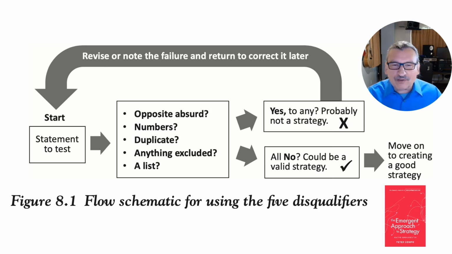Opposite absurd is probably one that's the easiest to tune your ears. Our strategy is to win by growing 10% faster than the competition. Well, what are you going to lose? Are you going to grow slower than the competition?